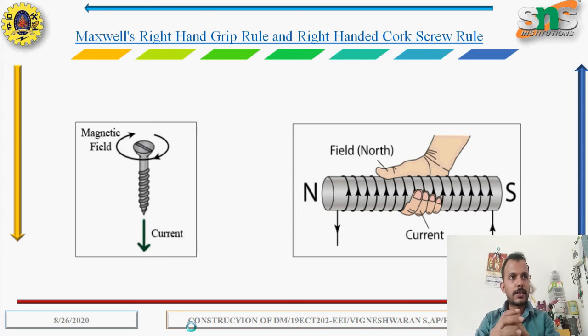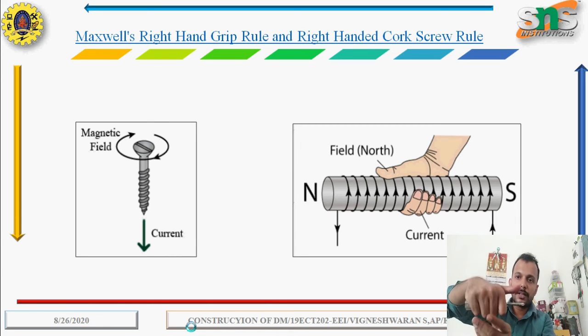This is Maxwell's right hand grip rule and right hand corkscrew rule. If you take a screw, and this is the magnetic field, the current will flow downwards. This is Maxwell's corkscrew rule.